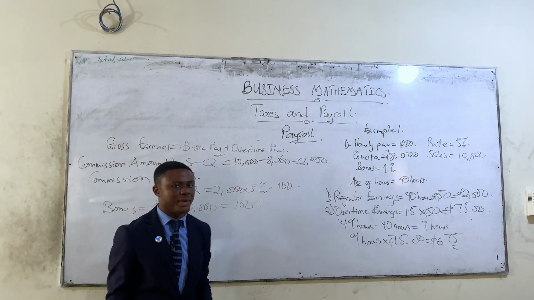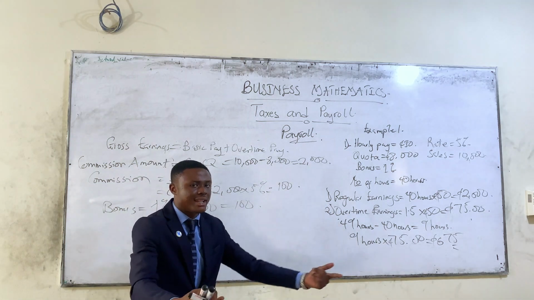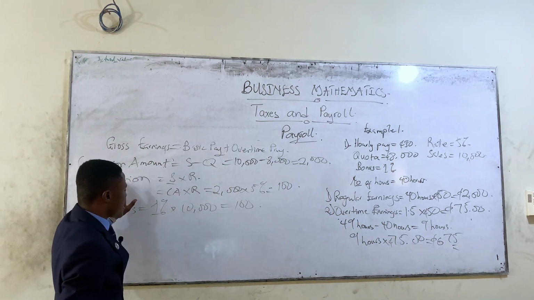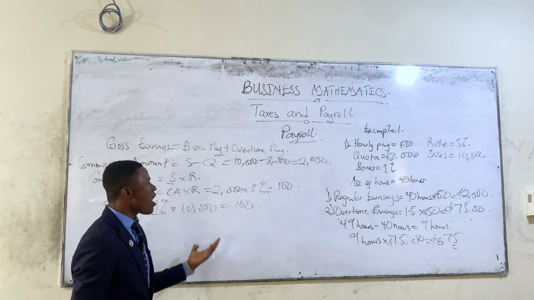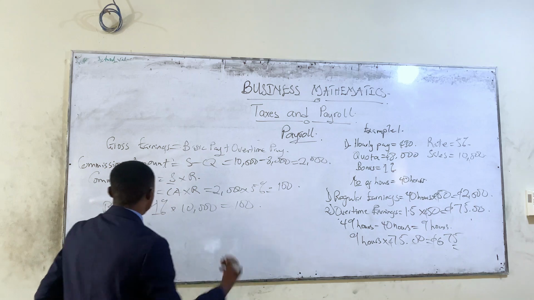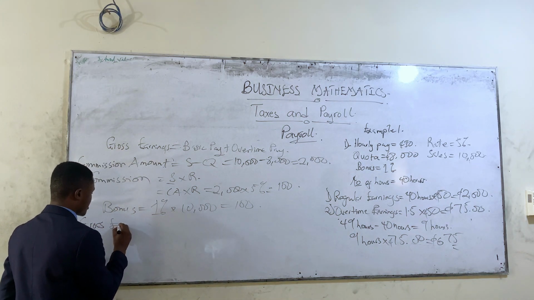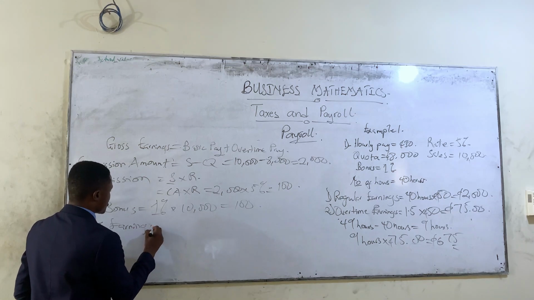So if you want to find your gross earnings, although you know that the formula is basic pay plus overtime pay, you have to note that that is not the only thing he is earning. He's also earning a commission plus a bonus, so it all has to be added. Are we good? So what is our gross earnings?